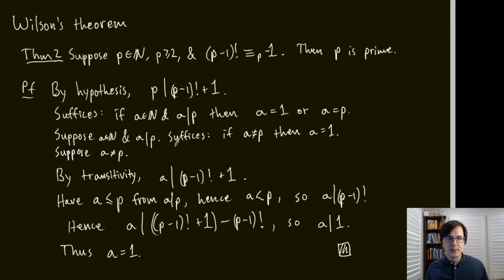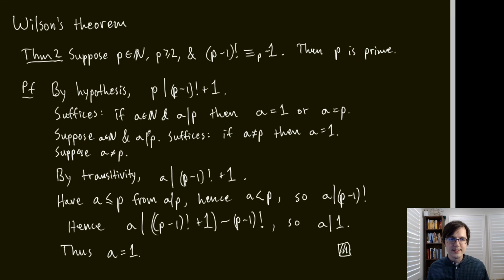So let's suppose that a is one of these divisors, and let's rewrite this OR into something logically equivalent. So it suffices to show that if a is not p, then a is 1. Because this is just another way of stating a disjunction. So let's suppose now that this hypothesis holds, that a is not p. We're going to show that a is 1.